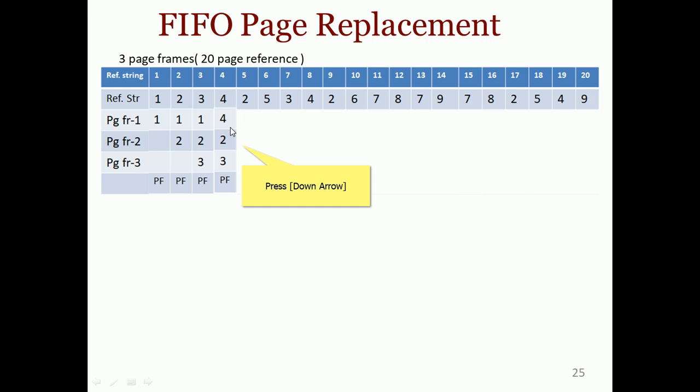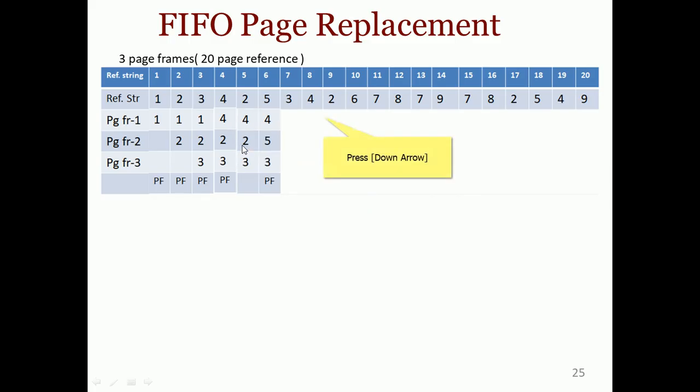Next we have the second page demand. That page is already there, so we can say no page fault. Then the fifth page is demanded. The fifth page is essential, because it is not available in memory. In order to bring it in, we replace the oldest page, which is the second page, right?